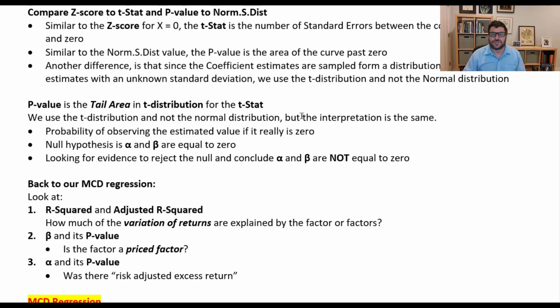Another small difference between what we did earlier and what we're going to do now is that the coefficient estimates are sampled from a distribution of coefficient estimates with an unknown standard deviation. Therefore we're going to use a t-distribution, not a normal distribution, and Excel will do that for us.